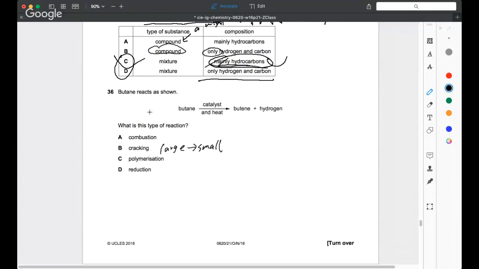Okay, number 36. In this process, we have butane going to butene and hydrogen. This is a cracking process where a larger organic molecule cracks into two different smaller molecules.